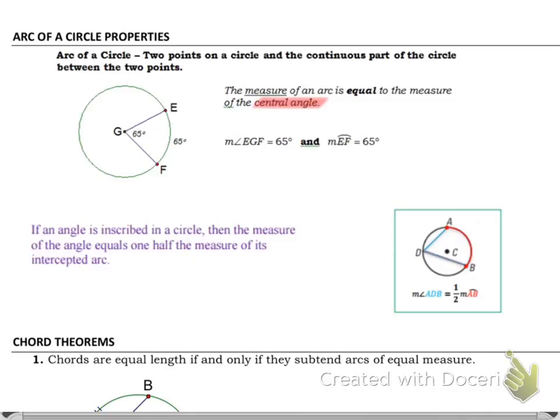So for example, in that drawing, if my arc is 100 degrees, my angle is going to be 50 degrees.